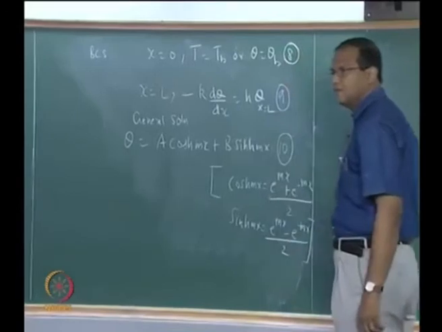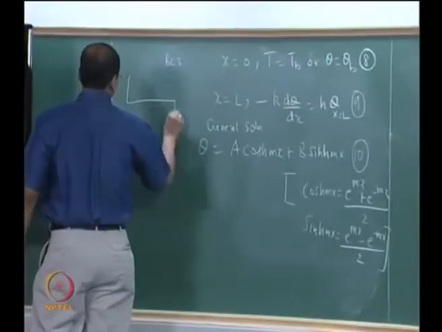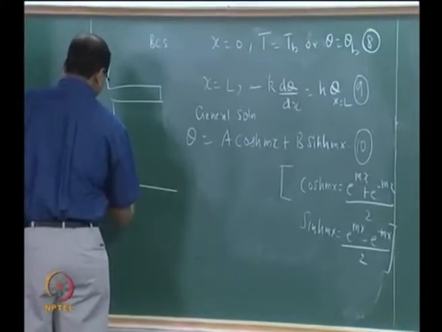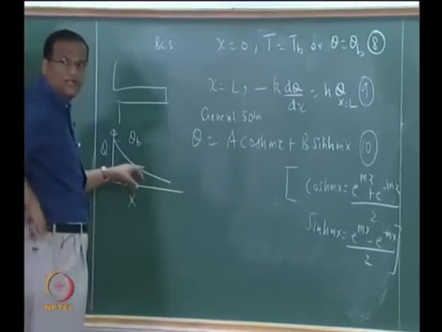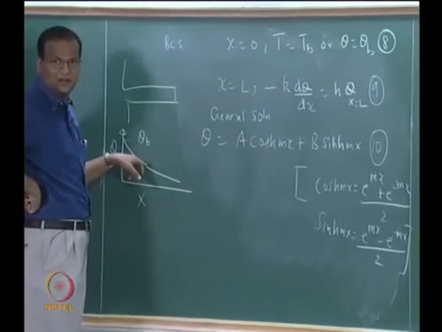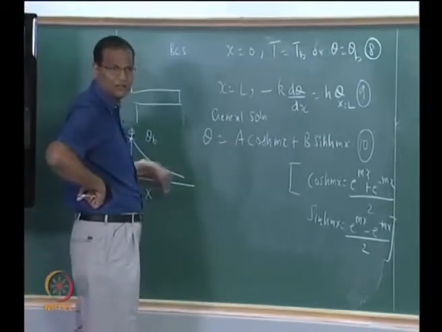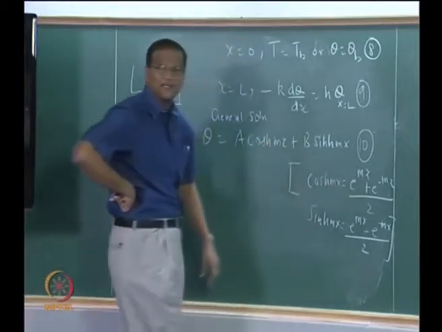okay, but your common sense tells you that temperature should go like this, right? Cos h mx in fact is a good candidate for this, because it is a composite of e to the power of mx plus e to the power of minus mx.